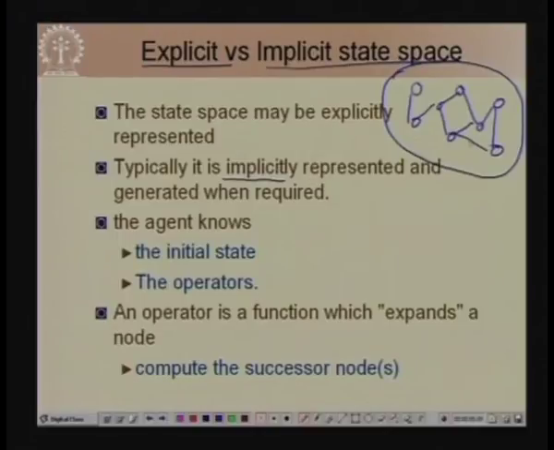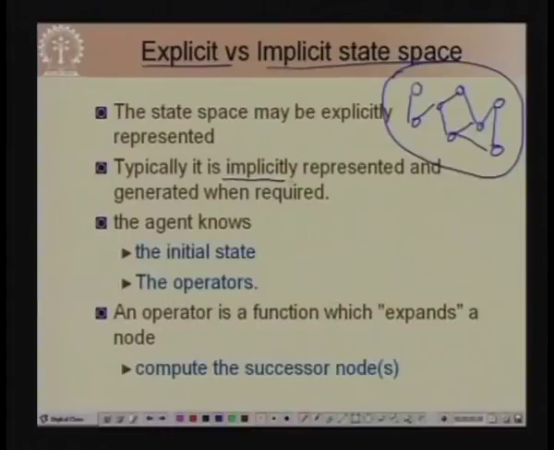That is, we need not explicitly keep all the states in the beginning. Rather, we give a way of representing the states and we give methods so that given a state and given an operator, we can generate the next state. We give tests for testing whether the agent has reached a goal state. So our state space will mostly be implicitly represented.